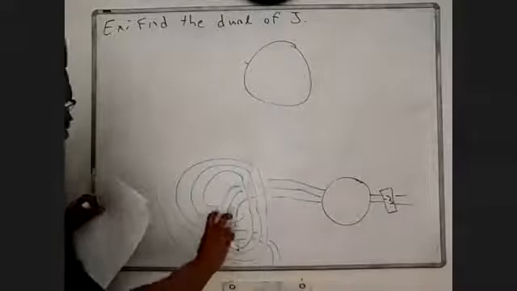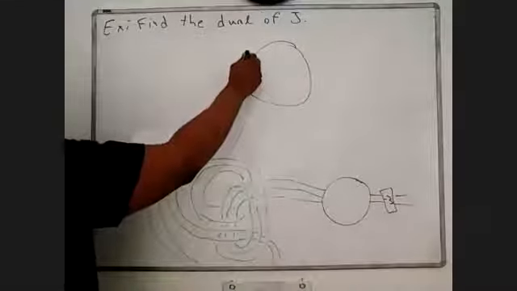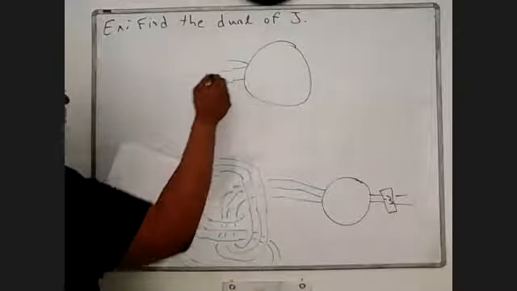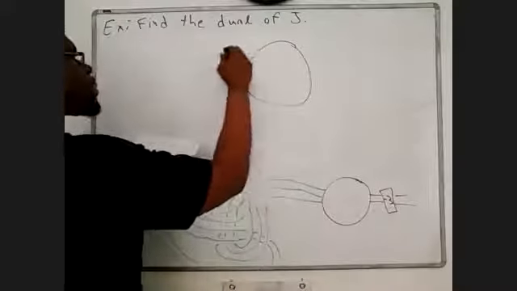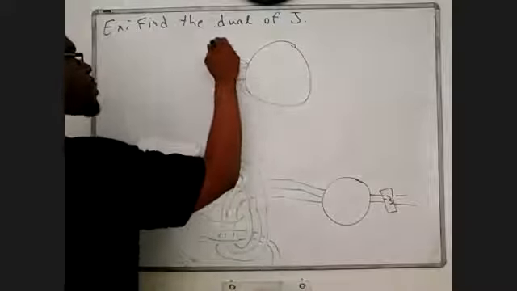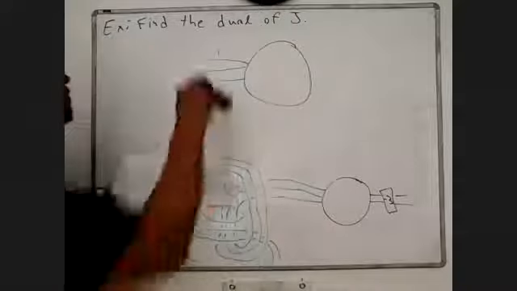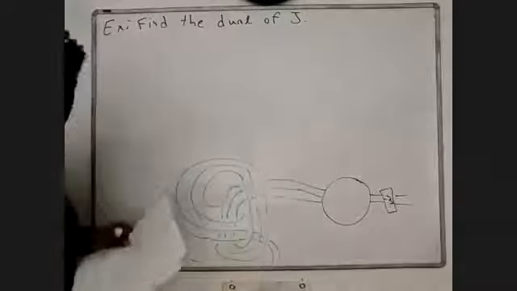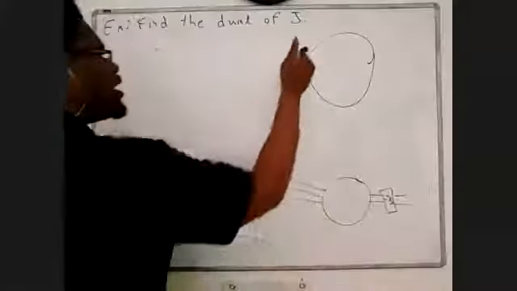I'm going to take this part right here and push it up. I'm going to draw the picture first, and then it will probably make more sense. Actually, I want to give myself more space. Yeah, this is better.